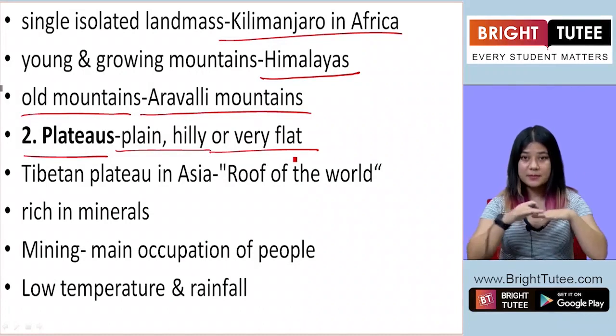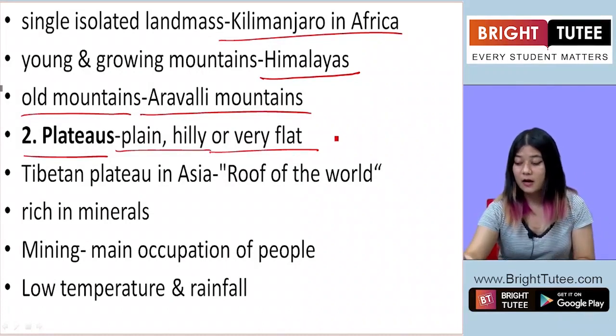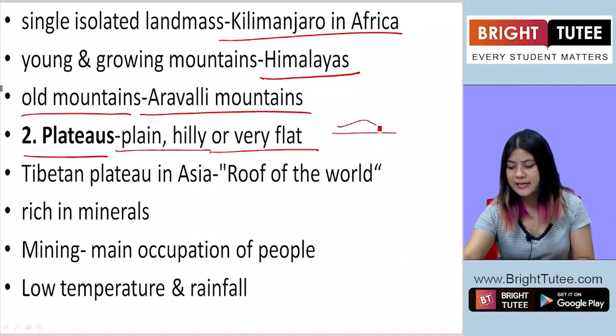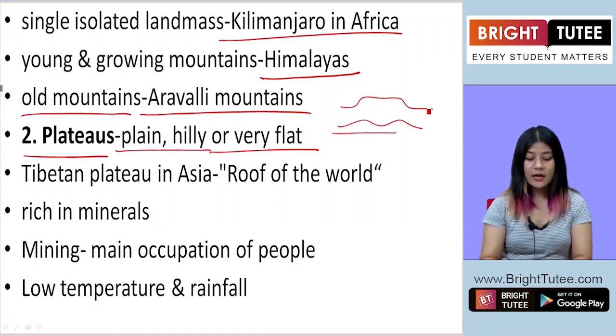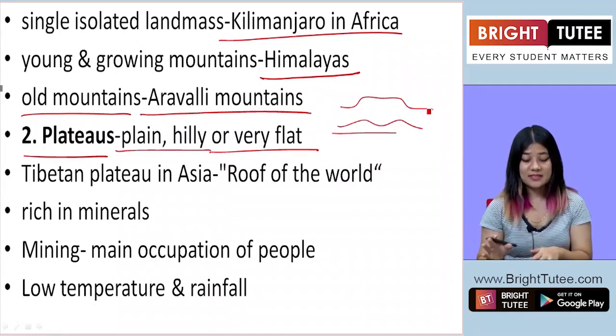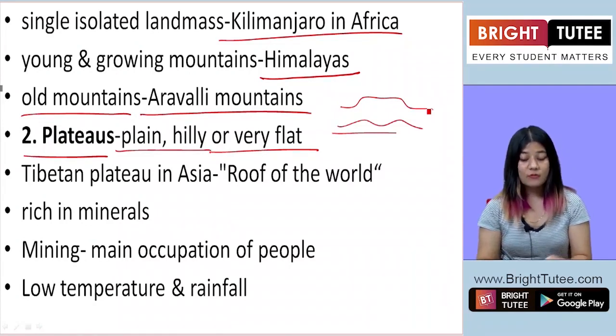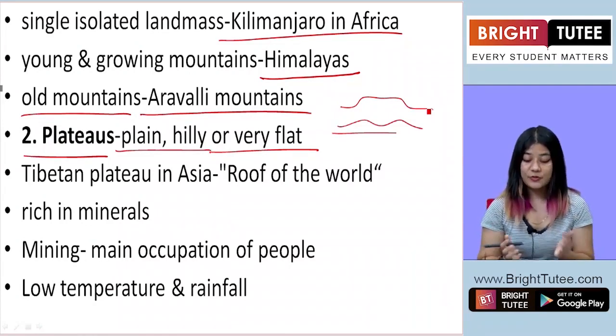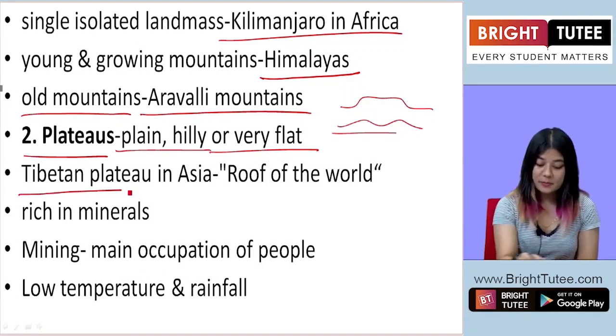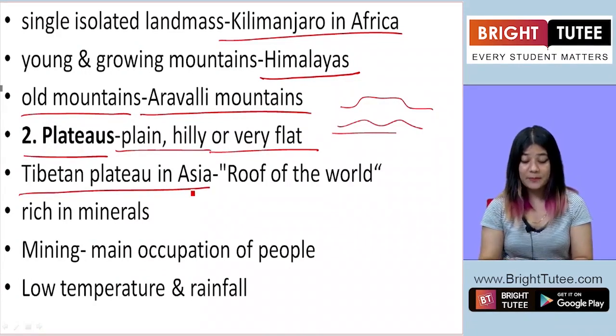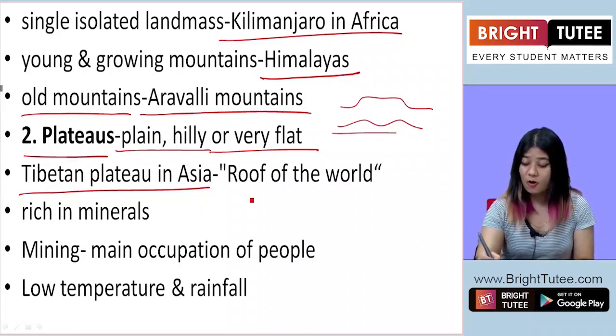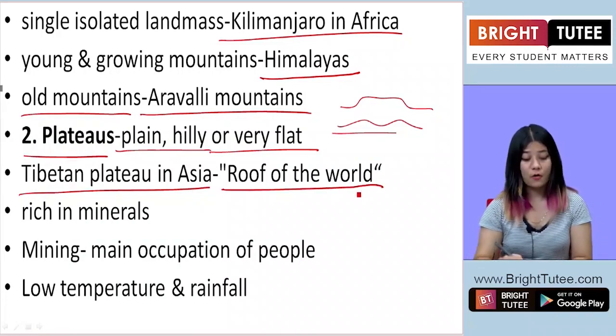They are sometimes plain, or a little hilly, or flat. These land masses are called plateaus. The largest plateau in the world is the Tibetan plateau in Asia, and because of how vast it is, it is also called the roof of the world.